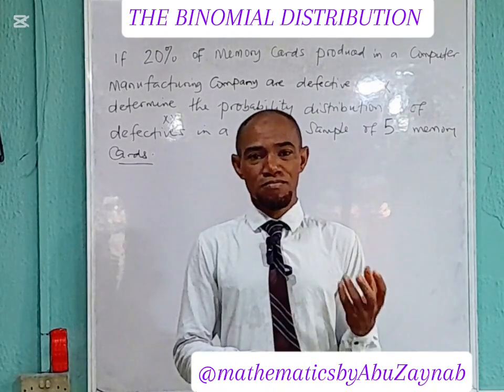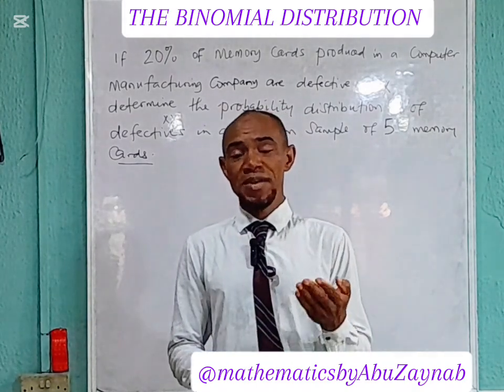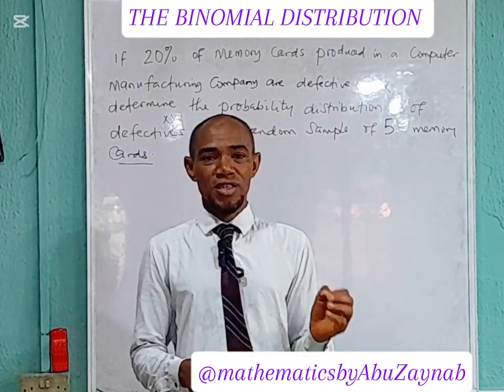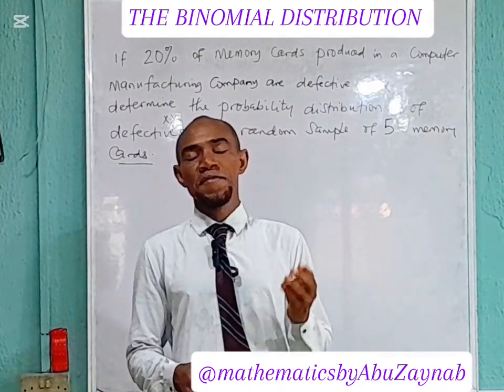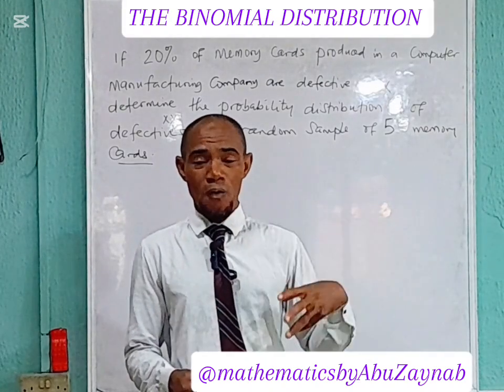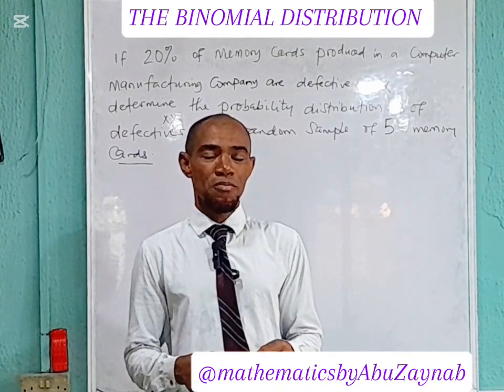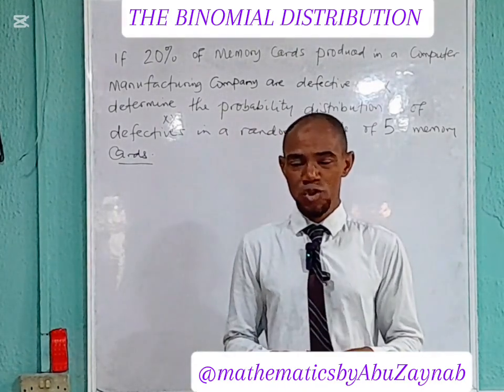And each success is given with probability p. And lastly, each trial is independent. So if any random variable possesses these four conditions or criteria, then we call that binomial probability distribution.